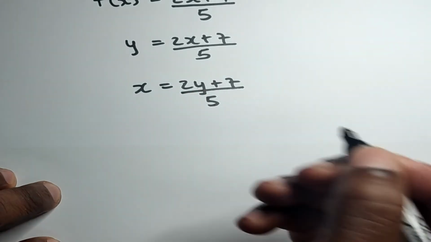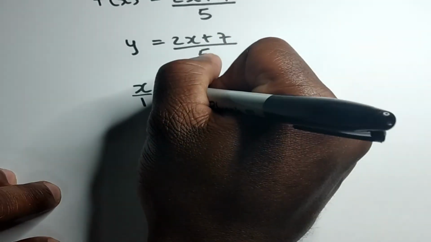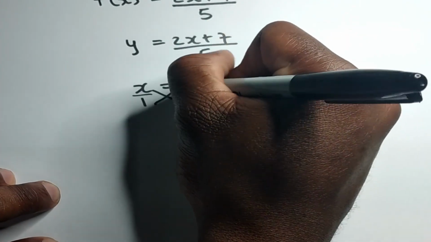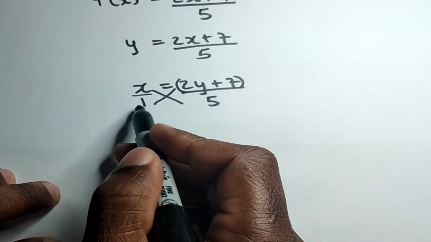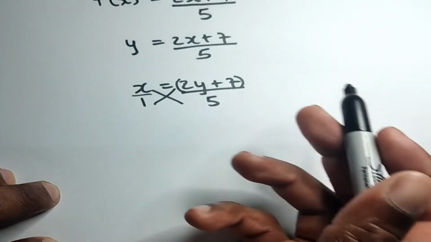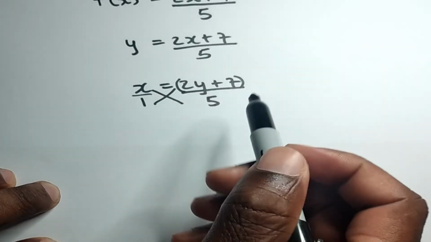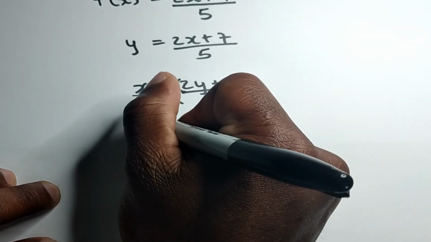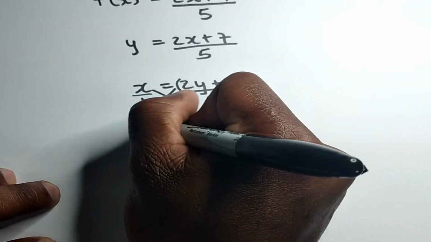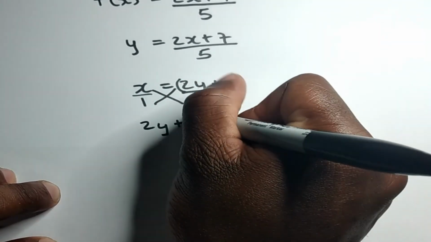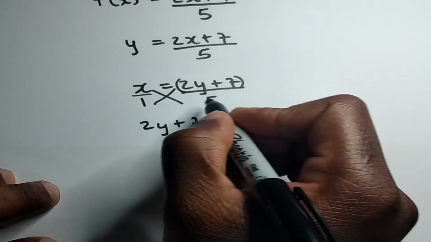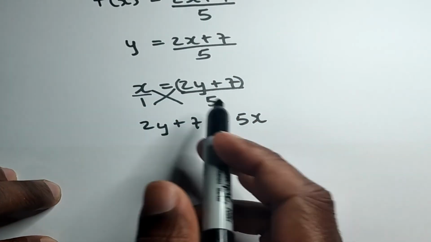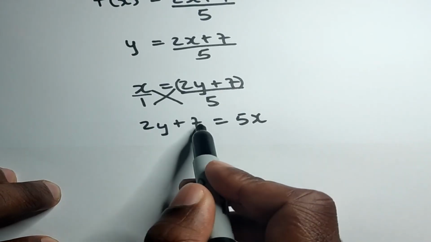All right. So I can put x over 1 and then cross multiply. And again, I can put this thing in brackets. I don't have to, being that we have 1 over here, but I'm going to do it just the same. So here we'll have 1 times the bracket, and 1 times anything remains the thing. So this will be 2y + 7 is equal to 5 times x, which is 5x. Now what I'm going to do is to get rid of this positive 7.